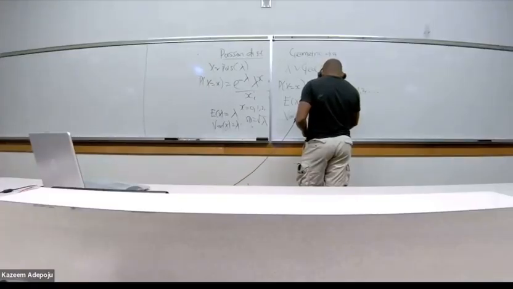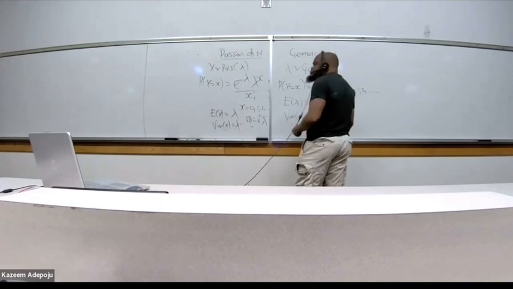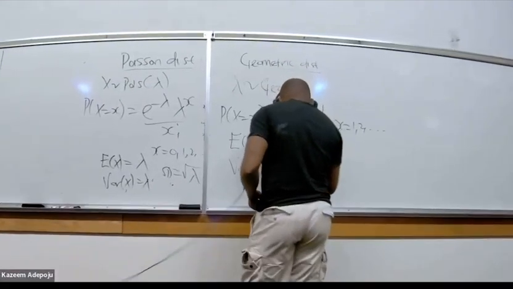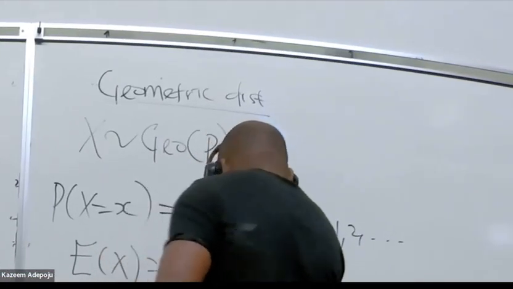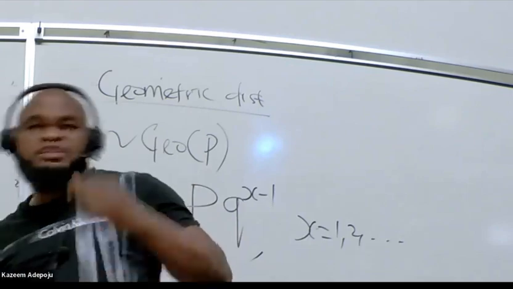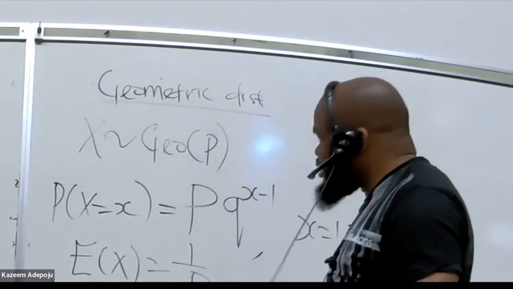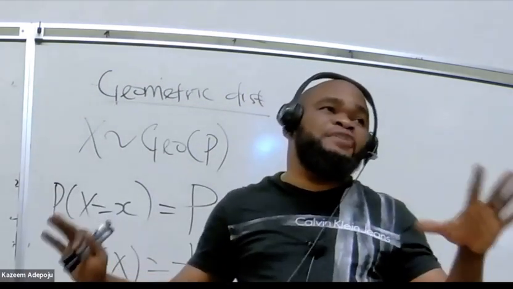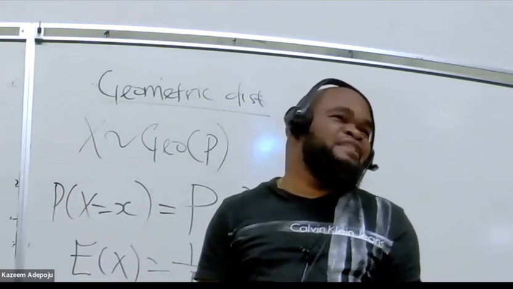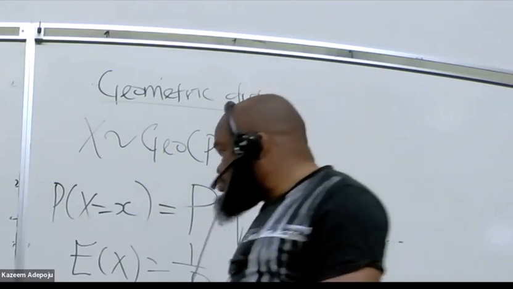I'm going to check. 1 over p or q over p squared. q over p squared, I think it should be this one. So you can check your notes. So this is geometric. You can see that in each of the distributions, I've been writing the mean and variance, right? Okay. So this is the geometric distribution.